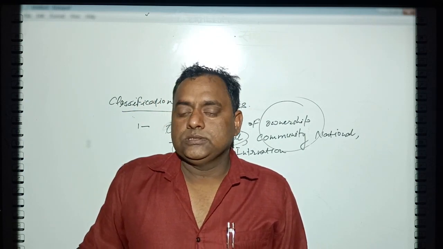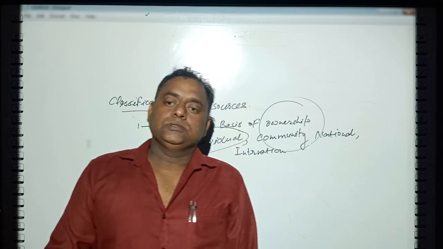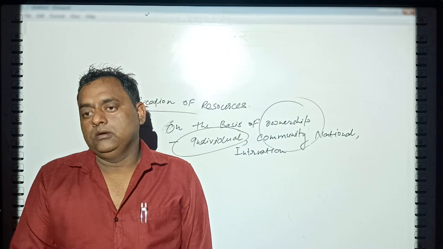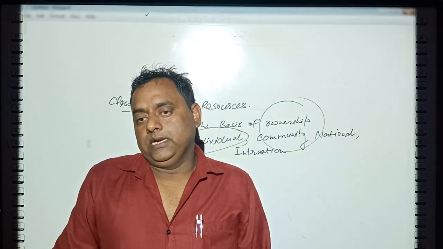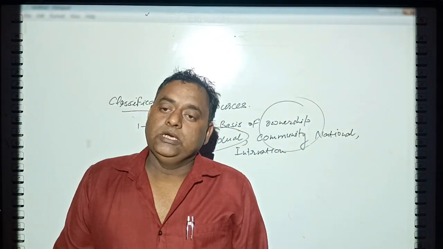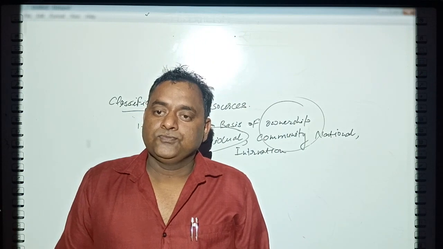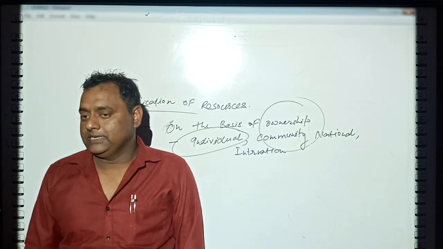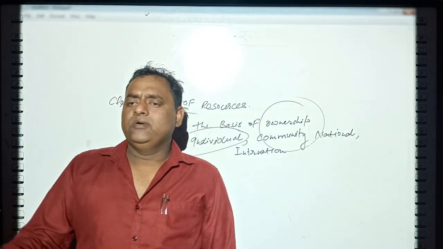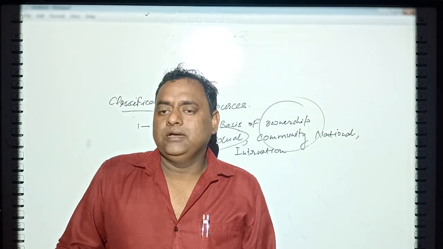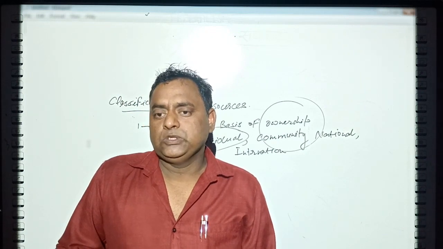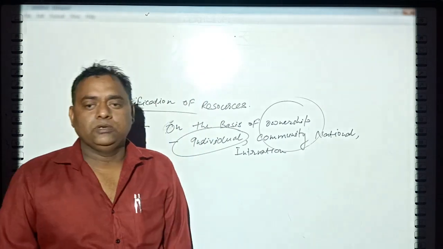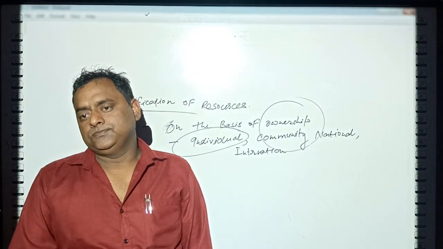A resource which is owned by an individual privately is called an individual resource. Like farmers have their own lands, properties, and other things that you have. These are called individual resources.